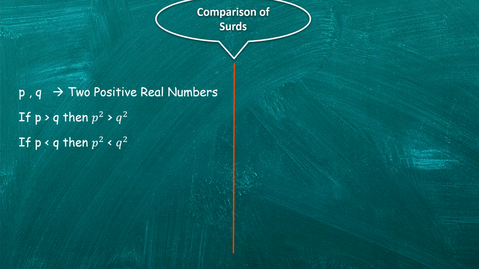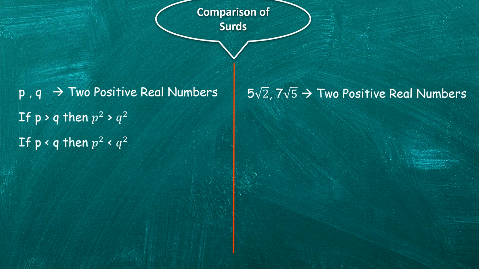On the contrary, if P is less than Q, then P square is also less than Q square. Right? So P and Q are two positive real numbers, so they may be rational numbers or surds. Now let's compare surds based on this property.